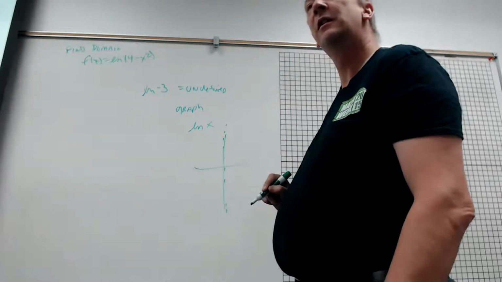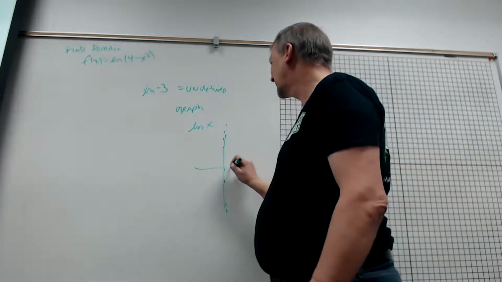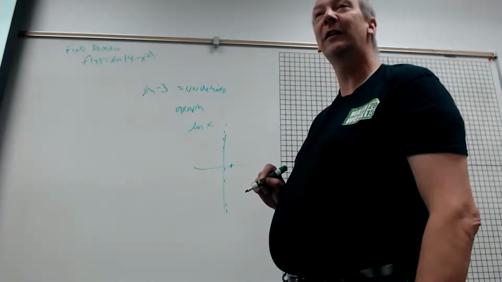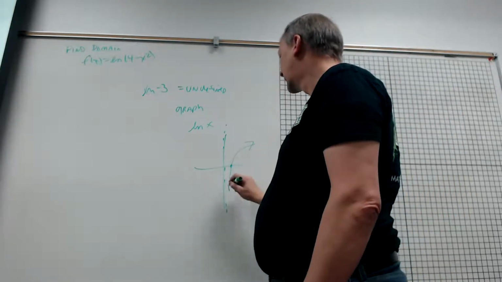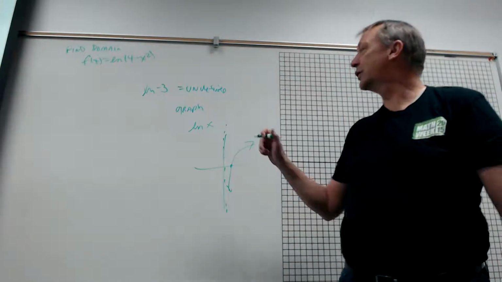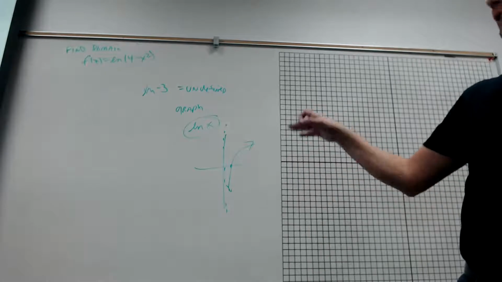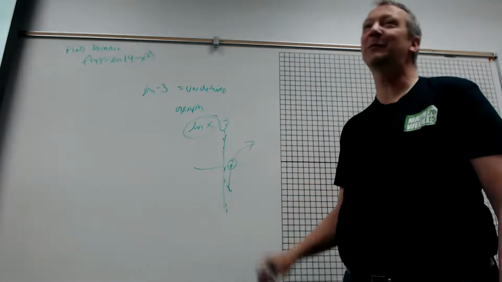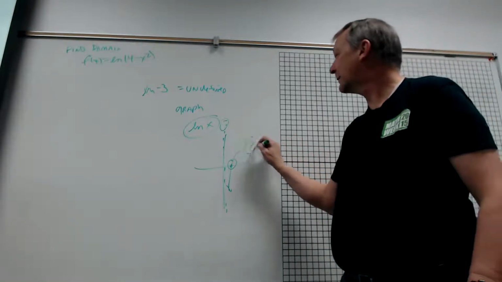Then the magic point is going to be at (1, 0), and it's gonna go like that, right? So this is your normal standard logarithmic function, ln of x, log of x. It's got an asymptote, it's got the magic point, and the basic curve here.